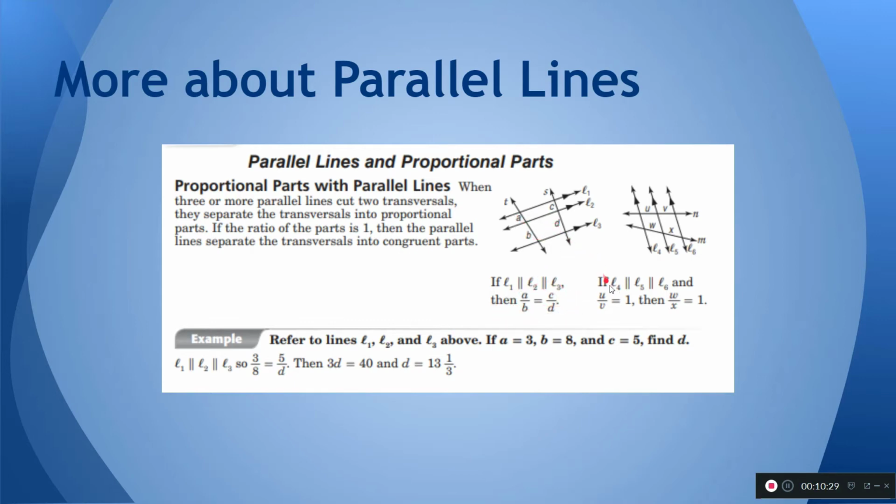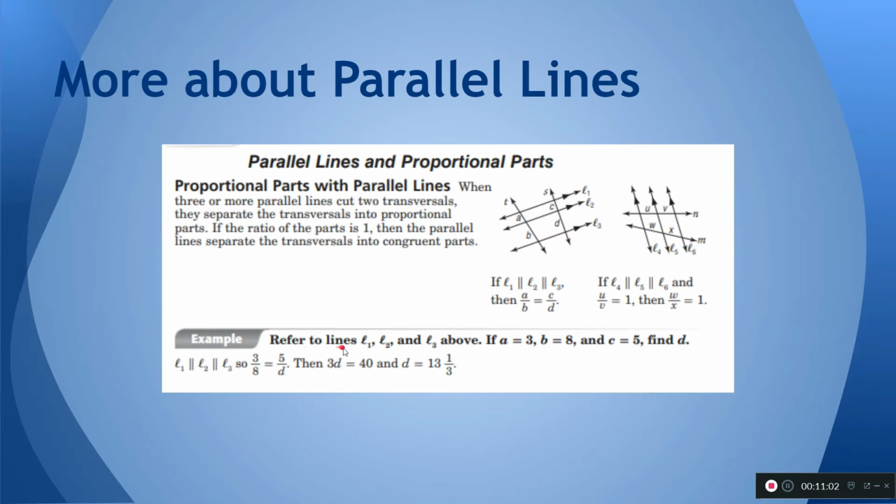Over on this side, it says if line 4, 5, and 6 are parallel to each other, and we see that they are, then U over V equals 1. Why is that? Because we have them as congruent right here. So then W over X also equals 1. They're going to be congruent so long as they equal out to 1.